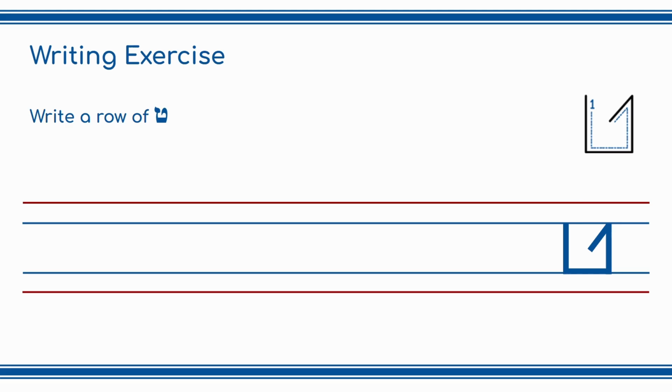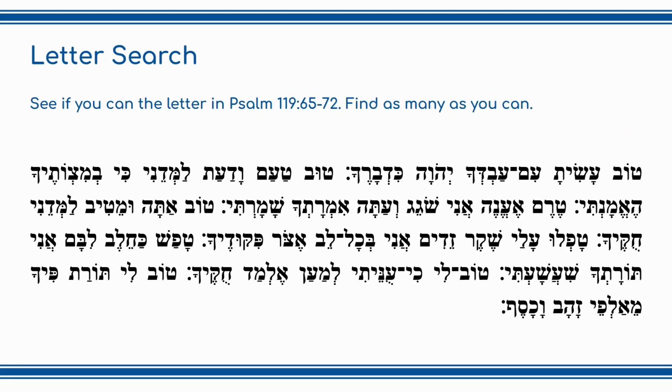Okay, so moving on, we're going to do a letter search for the letter Tet, and we're going to look for it in this passage of Psalm 119. As always, I'm going to remove the vowels and highlight God's name so that you know where it is. What you can do now is try to find as many tets as you can. I'm going to put a timer up, but if you need more time, you can always pause the video. If you want a challenge, you can use the timer.